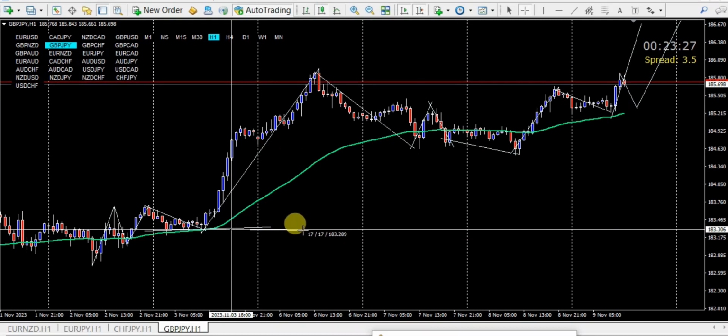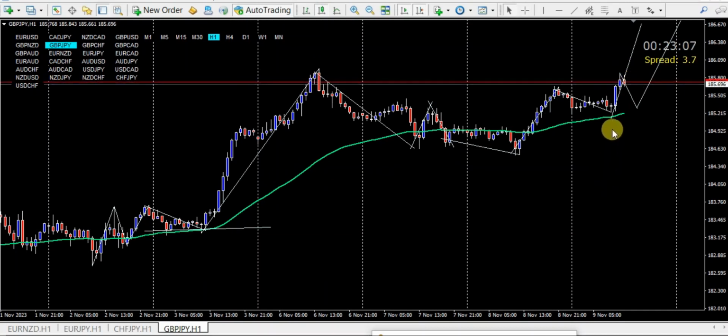So if you entered from here, you have made something like 260 up to this level now, let's use the current, that's 246 pips right now. And that will be since about how many days? To today, yesterday, 1, 2, 3, 4, 5.